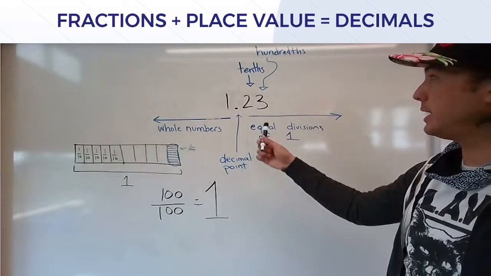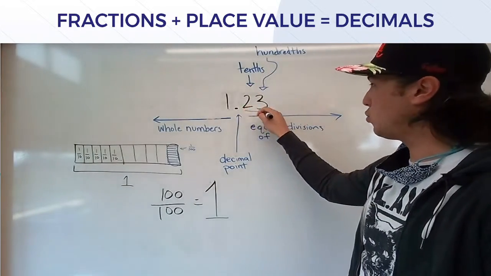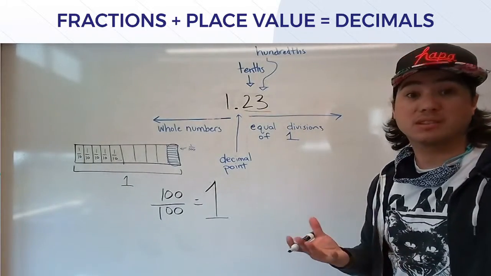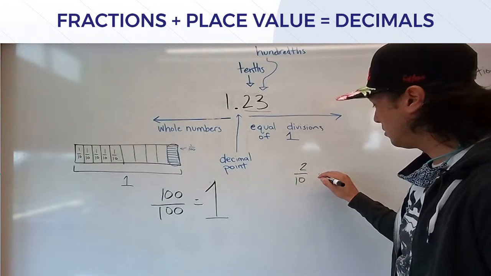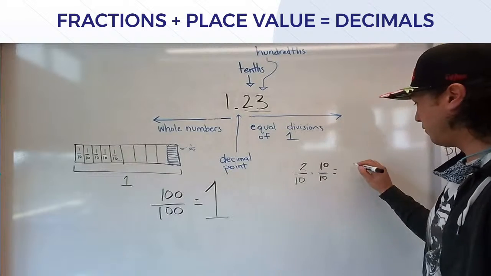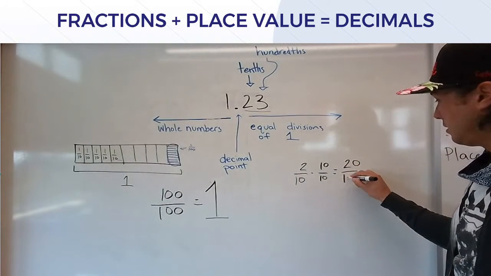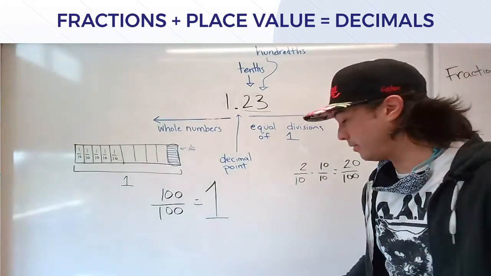So that's why we don't say 1 and 2/10 and 3/100. We're going to group them together and say 23/100, because in fact, it's true, right? 2/10, if we multiply by 10/10, our equivalent of 1, we end up with 20/100, right? Plus those 3/100, 23/100.